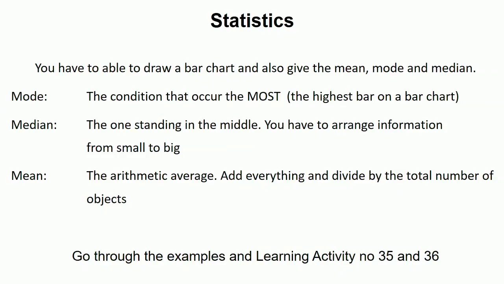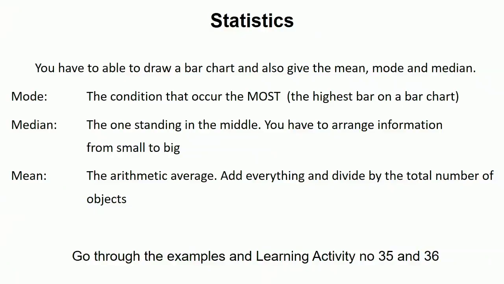Usually we say small to big, but it can be big to small. I'm just interested in the middle one. The mean is the average, like you always have known, the arithmetic average. I add them all together and divide by however many I have. And there's good examples in learning activity 35 and 36. Please see that you master them.